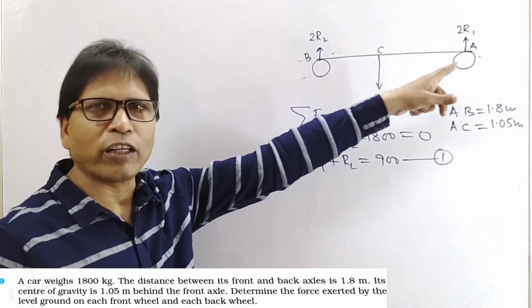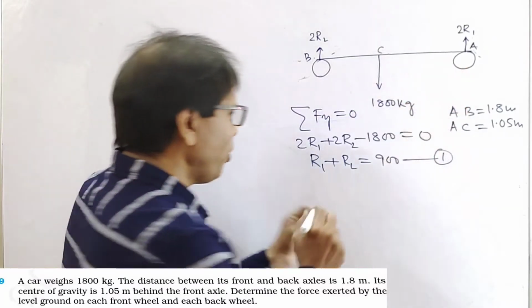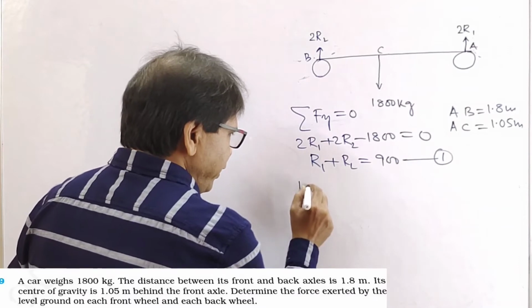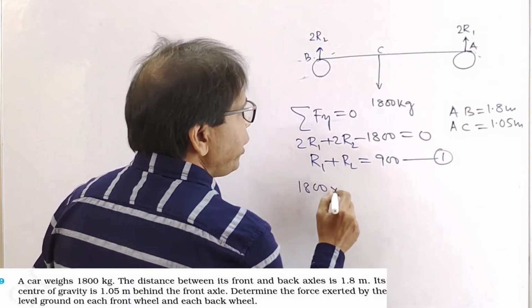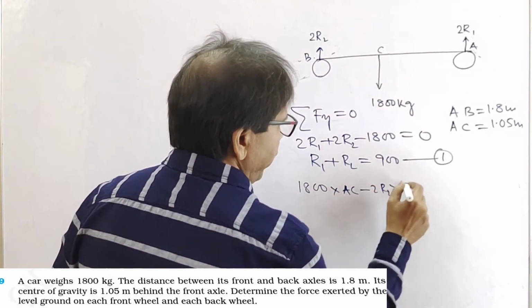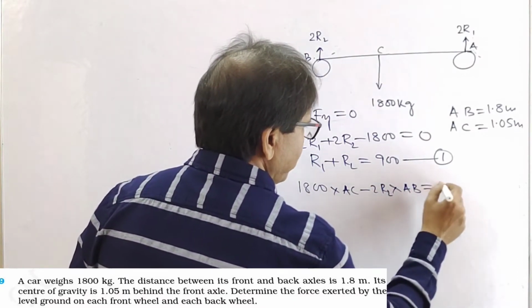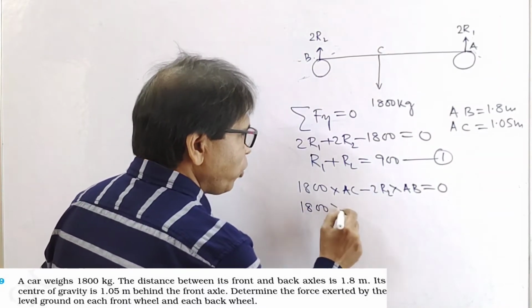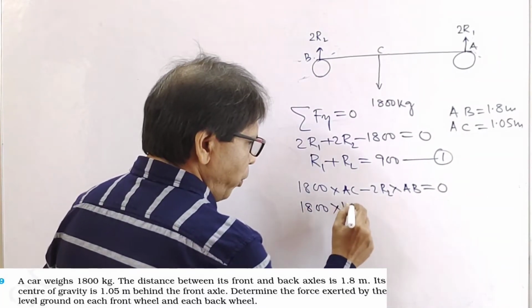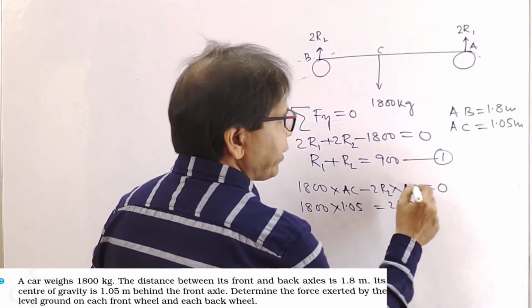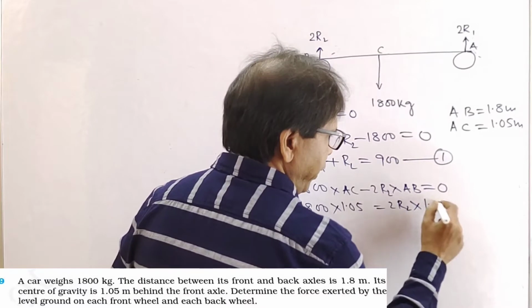Now considering torque with respect to A. 1800 into AC minus 2R2 into AB equals 0. So 1800 into AC, which is 1.05, equals 2R2 into AB, which is 1.8.